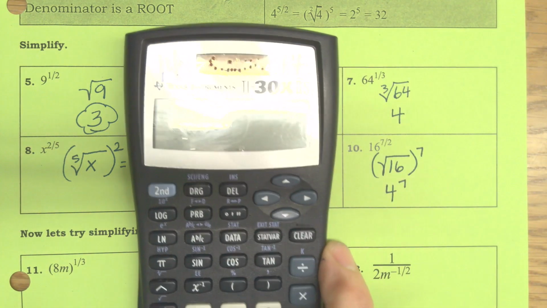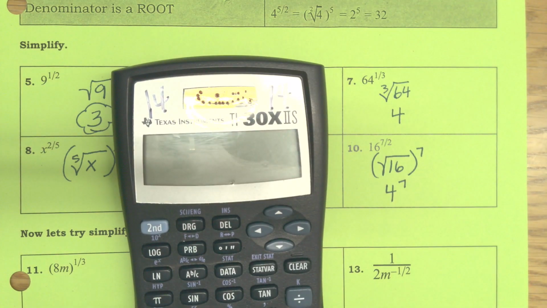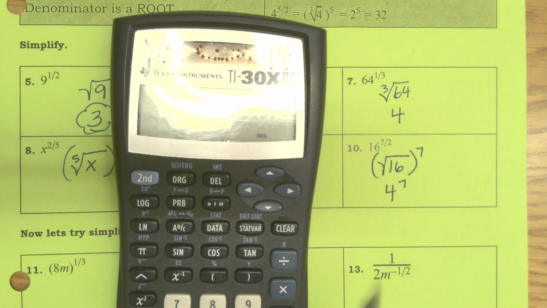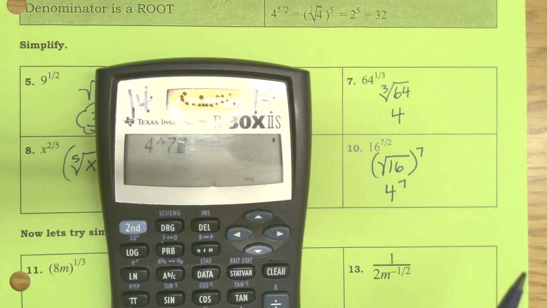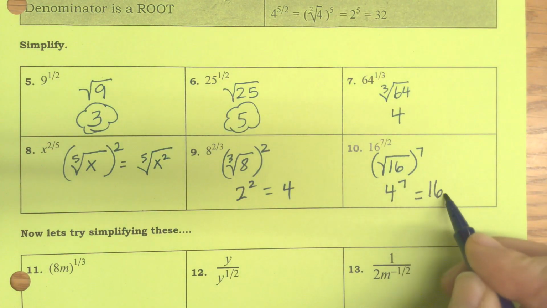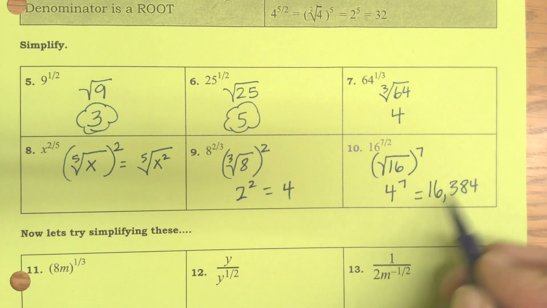Now I'm going to depend on my calculator. 4 raised to the 7th power. I use the caret key on mine to raise it to a power. You guys might have a different key that you use. Either way, when I plug that in, I get 16,384.